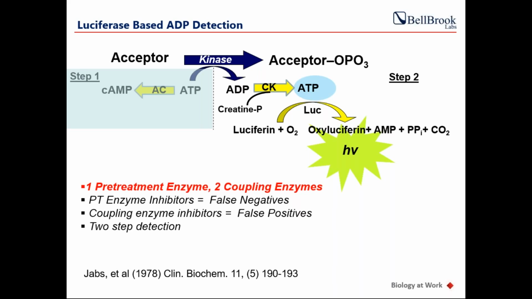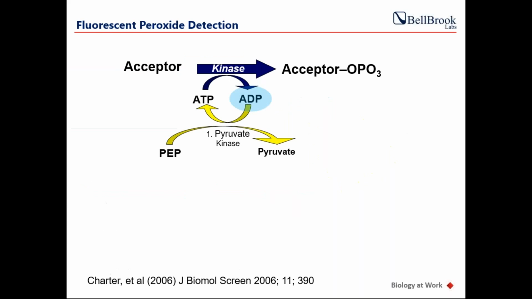So it's a two-step detection where you first add these pre-treatment enzymes and then you add the detection mix. But again, it involves three enzymes that are involved in actually generating a signal.